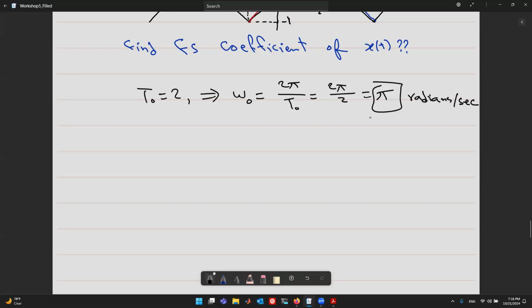So it will complete one rotation around the circle after 2 seconds, right?